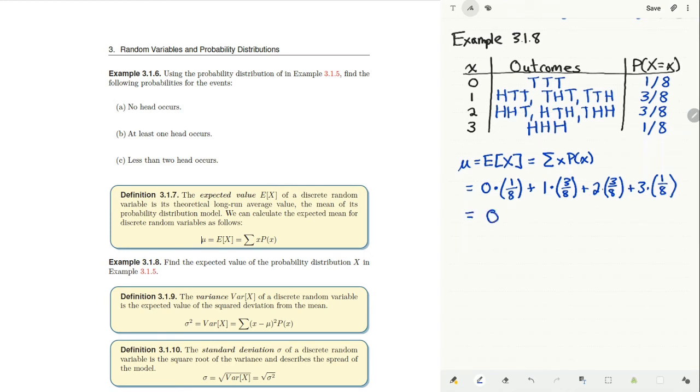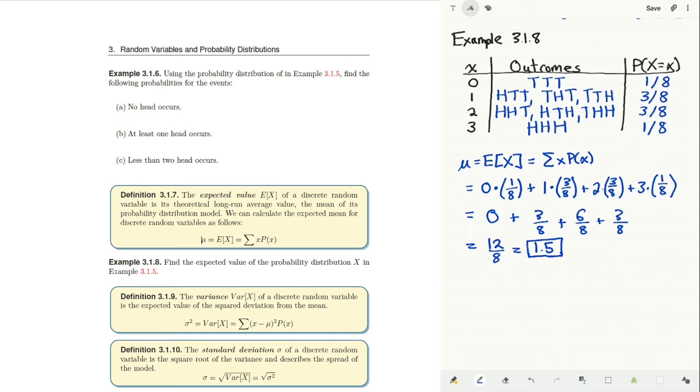And so simplifying, we have 0 plus 3 out of 8 plus 6 out of 8 plus 3 out of 8, which becomes 12 out of 8, or 1.5. So the expected value of our random variable x is equal to 1.5.